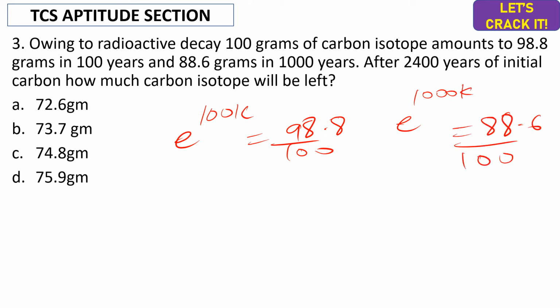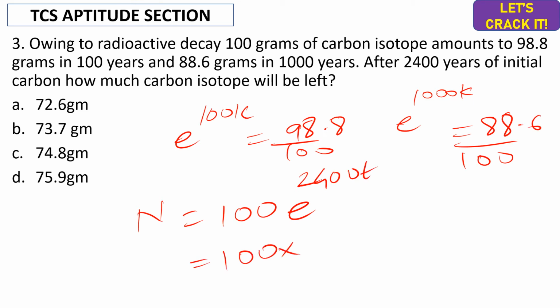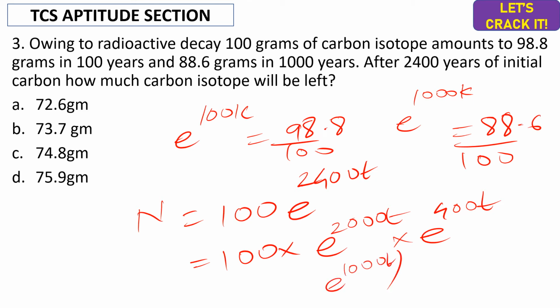And I know e power 1000k is equal to 88.6 by 100. So in order to find the amount after 2400 years, N is equal to N naught, 100, into e power 2400k. 2400k can be expressed as 100 into e power 2000k plus e power 400k, and this can be written as e power 2000k multiplied by e power 400k. Again e power 2000k can be expressed as (e power 1000k) whole square, and e power 400k can be expressed as (e power 100k) whole power 4, into 100.